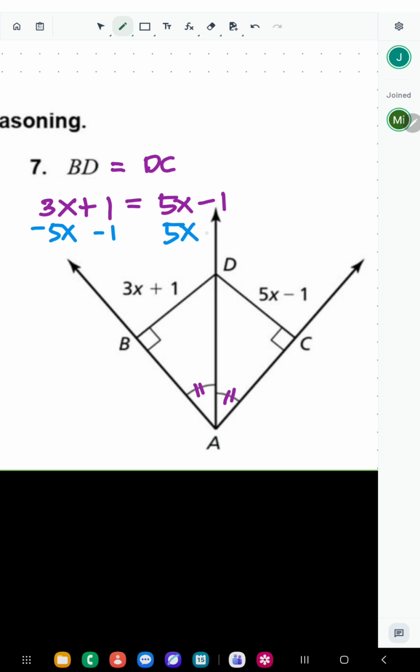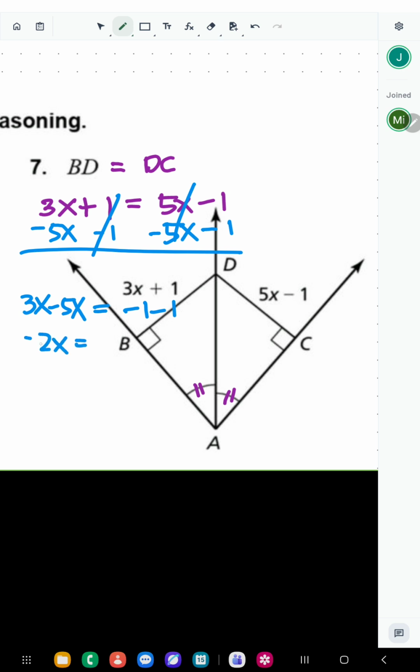So we have 3x minus 5x equals negative 1 minus 1. So this is negative 2x equals negative 2. Divide by negative 2.